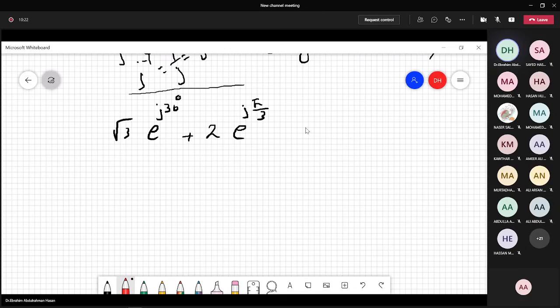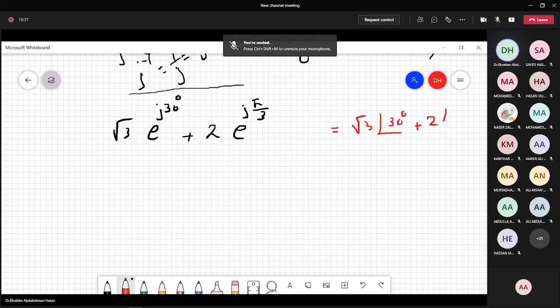We don't have any variable here, so you can use your calculator to find it very easily. So then it is equal to root 3 angle 30 degrees plus 2 angle pi over 3, which is 60 degrees. And you can solve it.